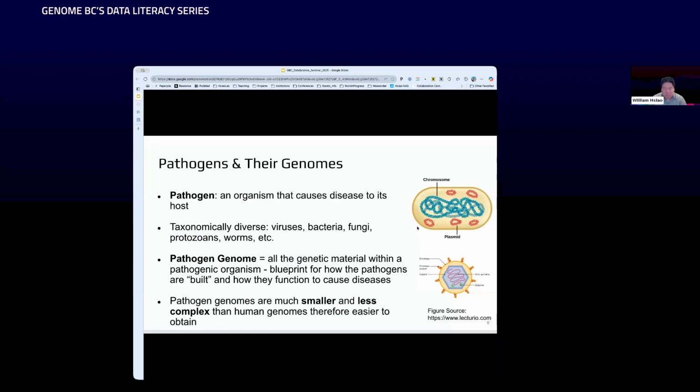So pathogen genomes are much smaller and less complex than the human genomes, and therefore easier to sequence or to obtain.